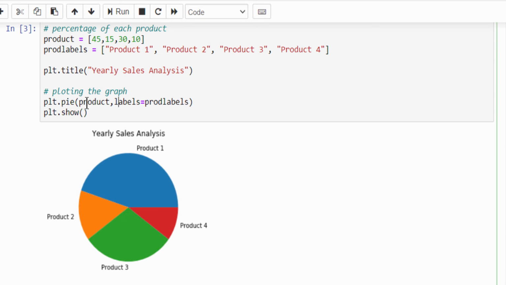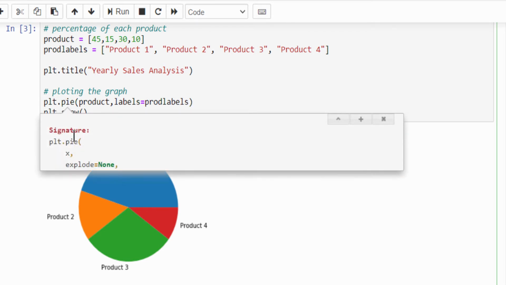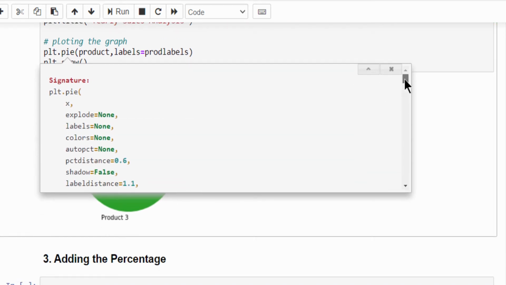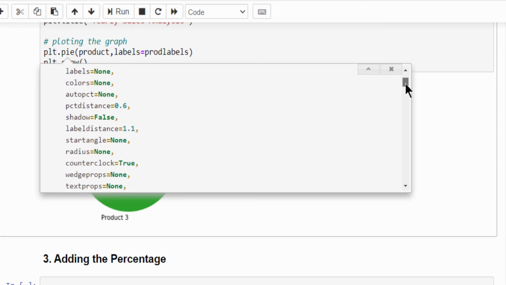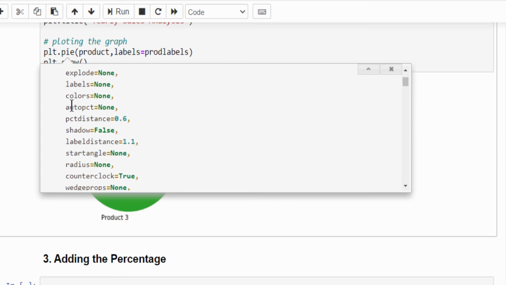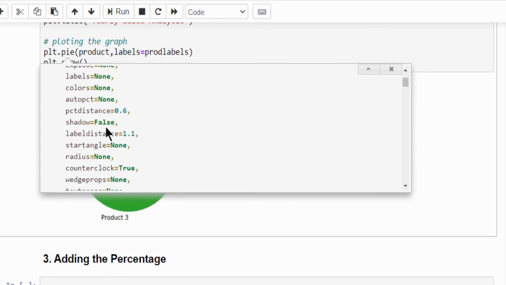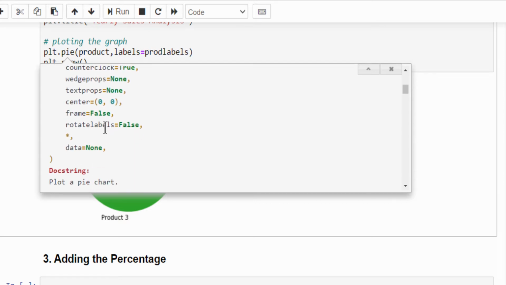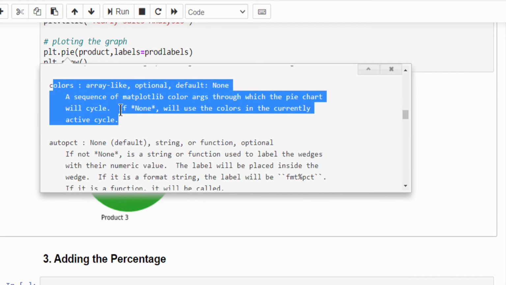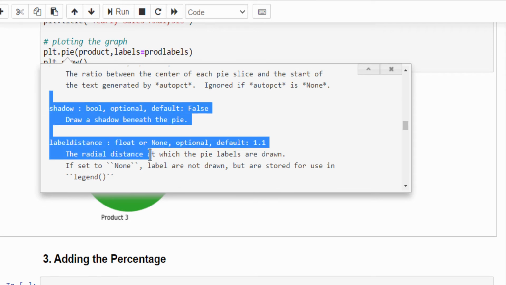Then how to remember these particular arguments or parameters? It's very easy. Just click here, press shift tab. You will get the signature, then press the plus button. You can see here these many arguments we can mention in the pie method: explode, shadow, colors, autopct, rotate labels, and the meaning of each parameter is also mentioned in this help.